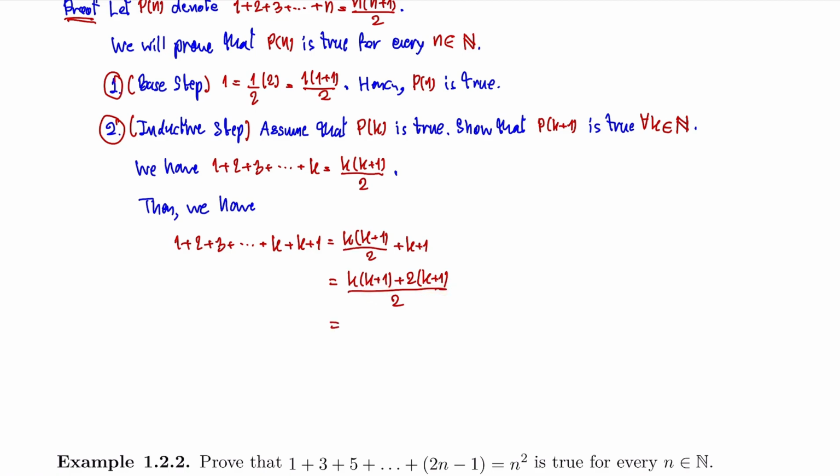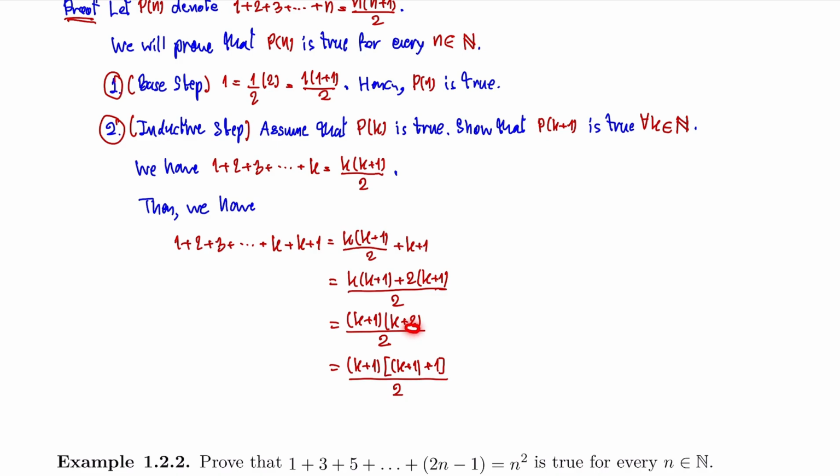We're going to have k plus 1 times k plus 2 over 2. Okay? And then we're going to have k plus 1 times k plus 1 plus 1 over 2, right?